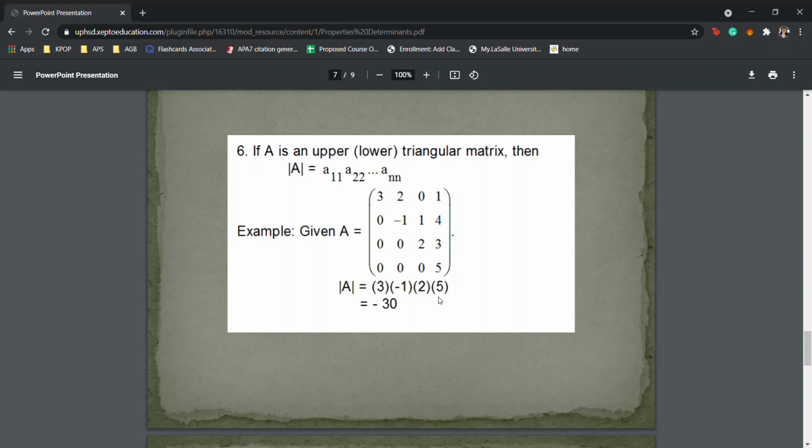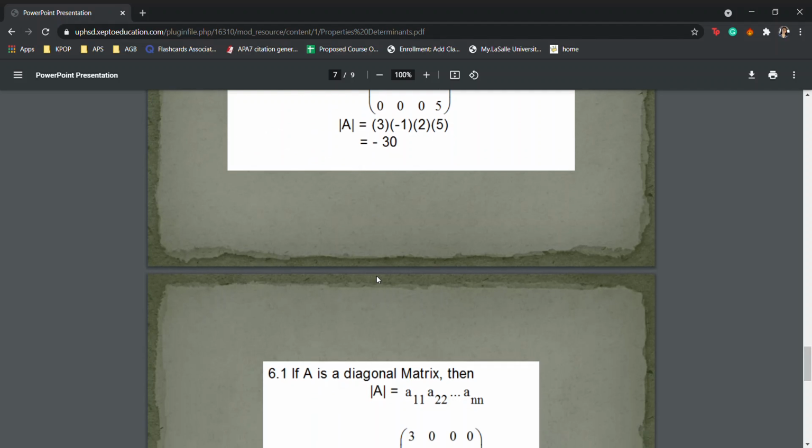So we are given here matrix A, which is 4 by 4, and it is an upper triangular matrix. So the determinant of A is simply the product of 3, -1, 2, and 5, which is -30.